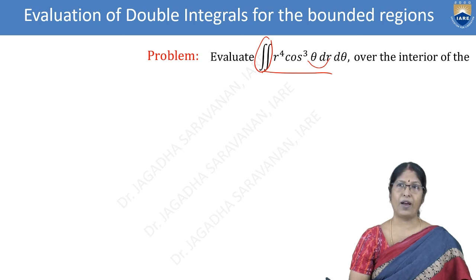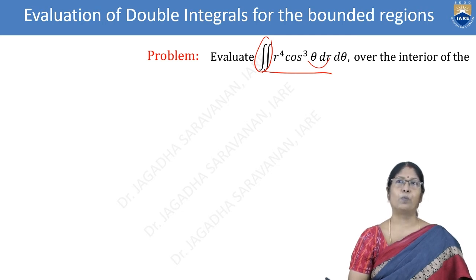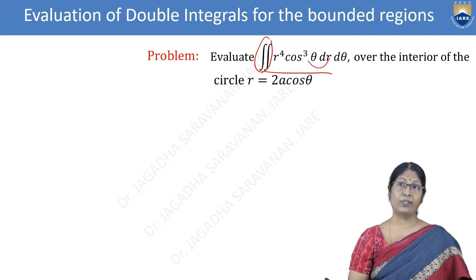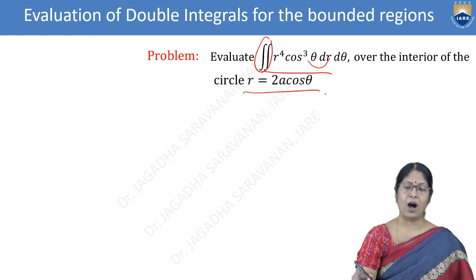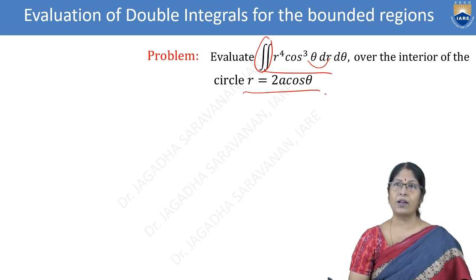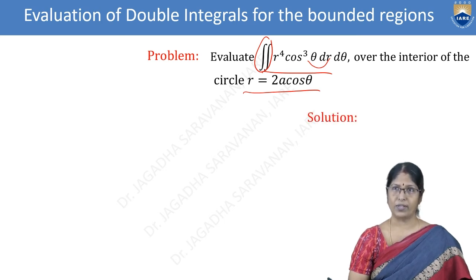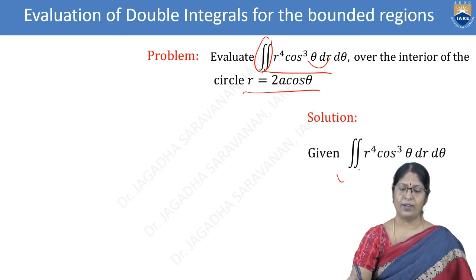The function is defined in terms of r and theta. That is the reason our given problem is in polar coordinates. Now over the interior of the circle, that is r equal to 2a cos theta. Looking at the question, it is 2-dimensional. So we will concentrate on the solution.